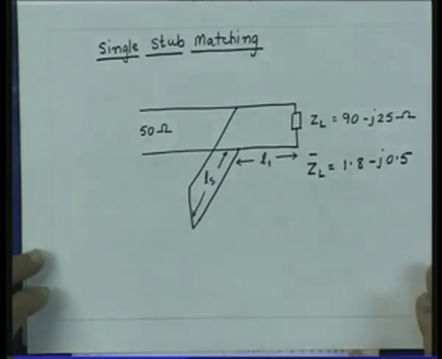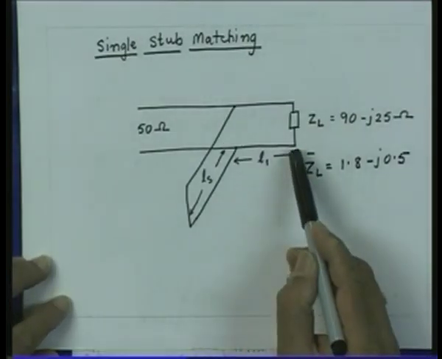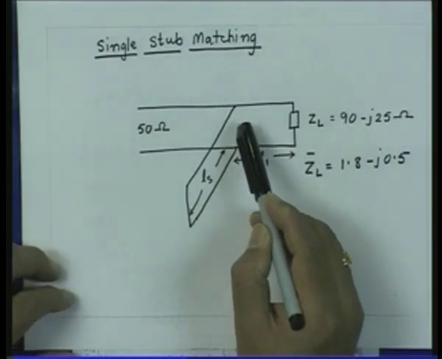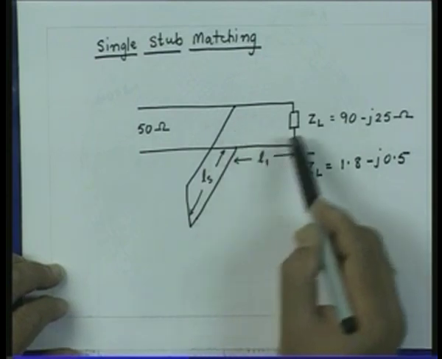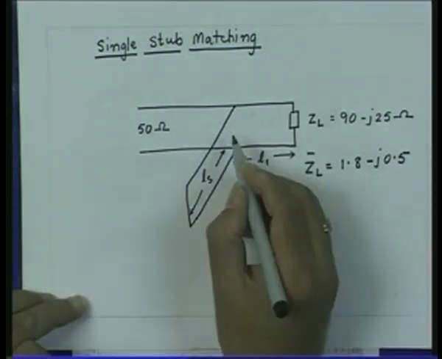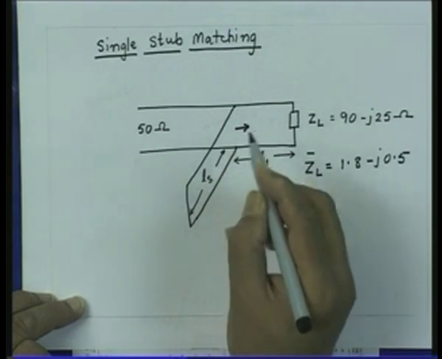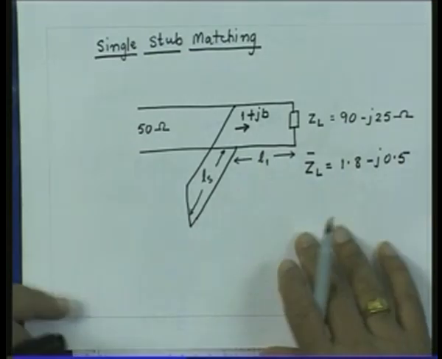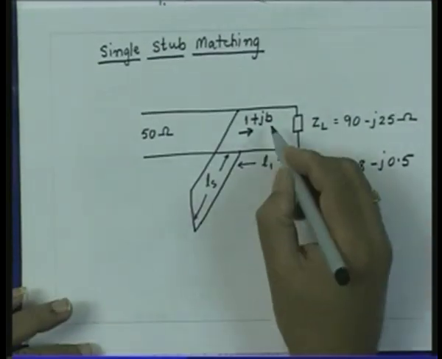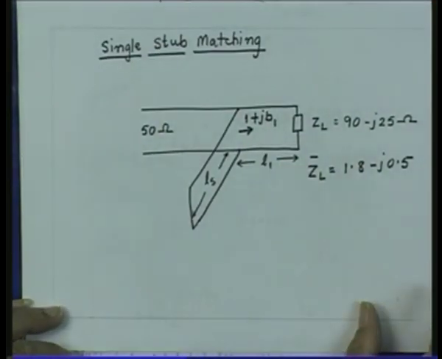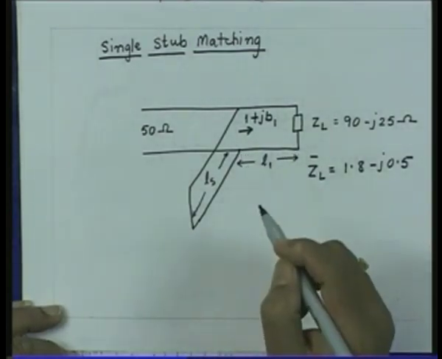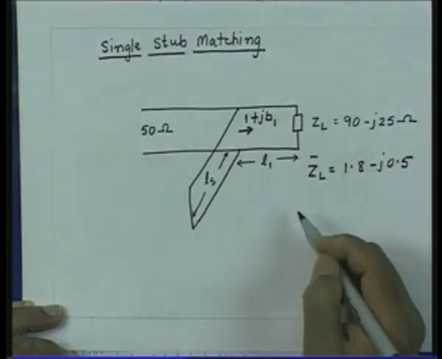As we have seen in the single stub matching, first I move by a distance such that the resistive part of this admittance becomes unity. That means the conductance G1 gets transformed to unity at this location. So, this point here should become some 1 plus jB1. So, by moving along the main transmission line, first we set the conductance part to unity.